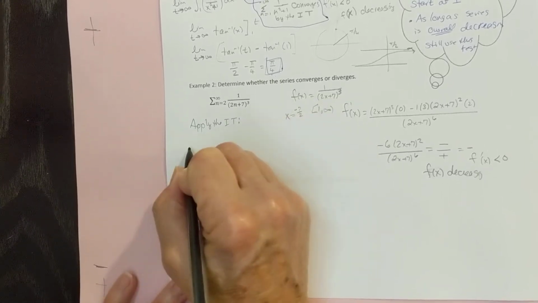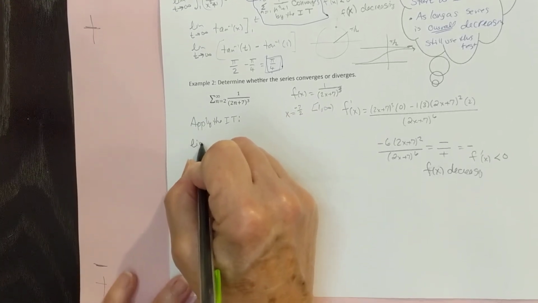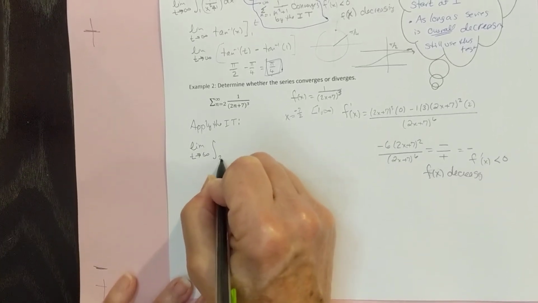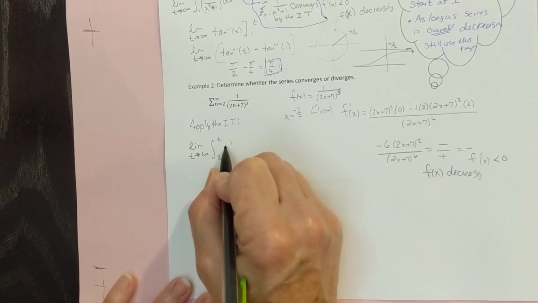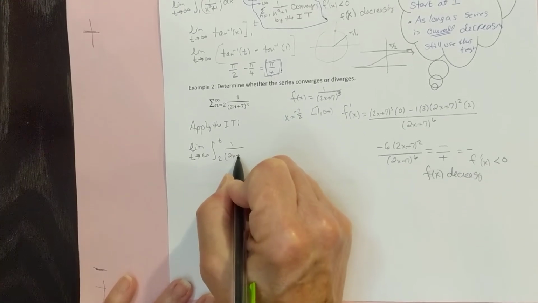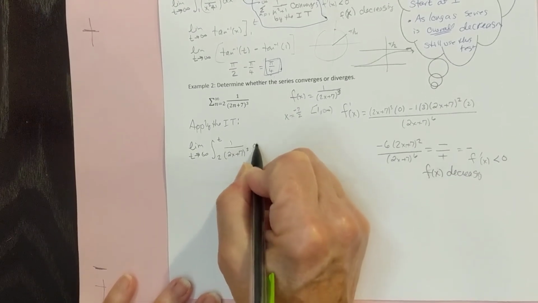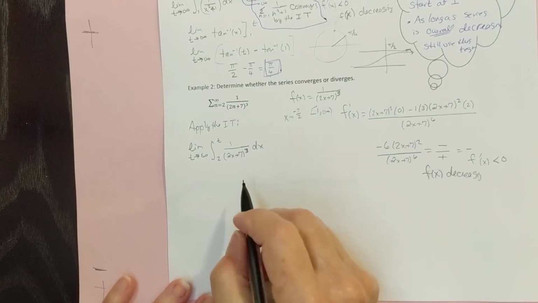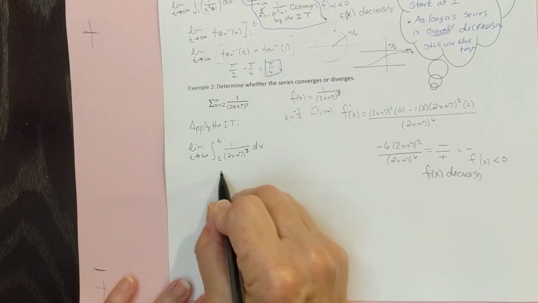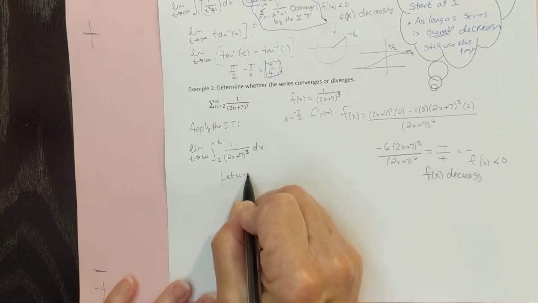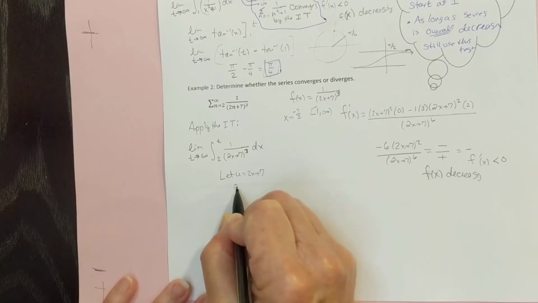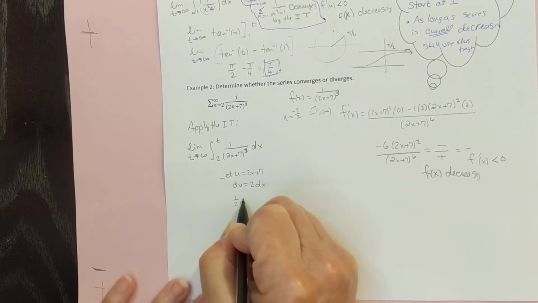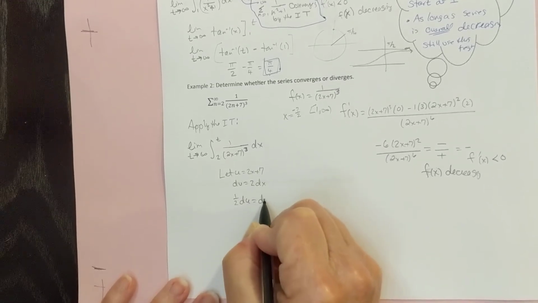I'm going to go ahead and rewrite my improper integral into a limit: the limit as t goes to infinity from 2 to t of 1 over (2x plus 7) cubed dx. So let's integrate this guy. This is going to be u substitution. I'm going to let u equal 2x plus 7, du will be 2 dx, so 1/2 du is dx.